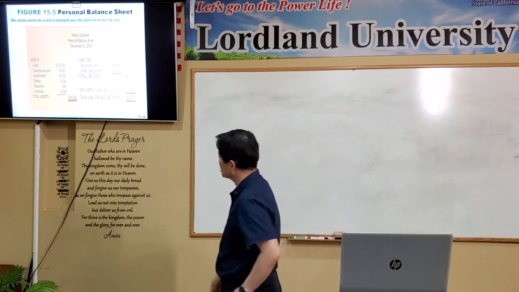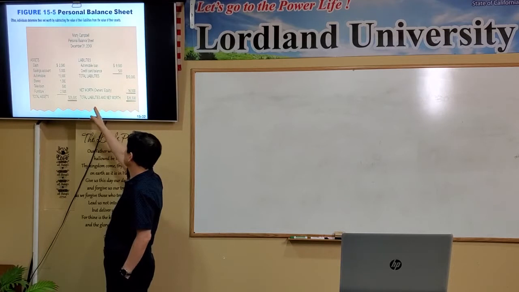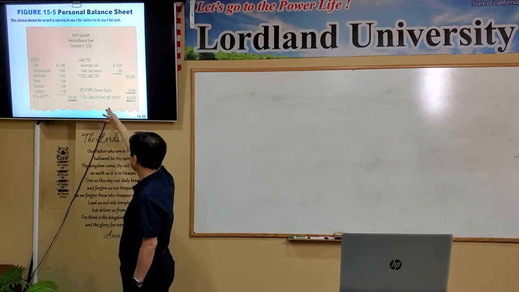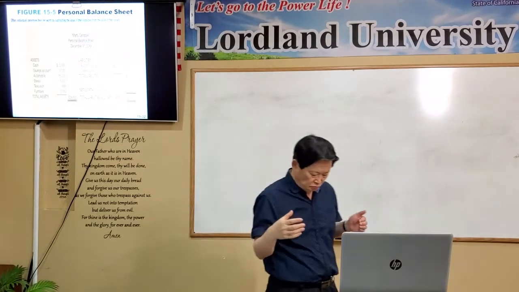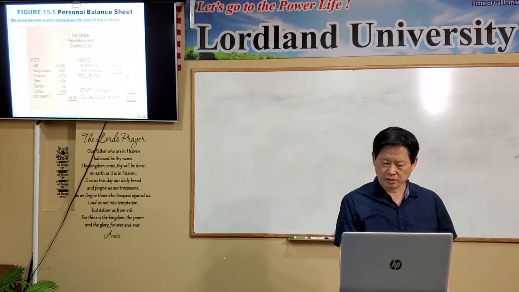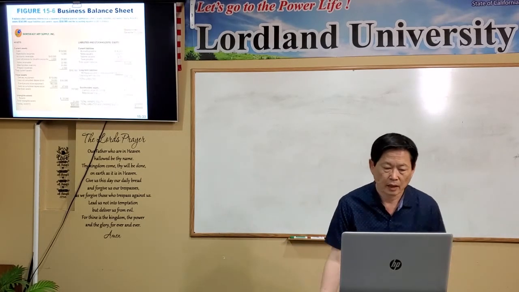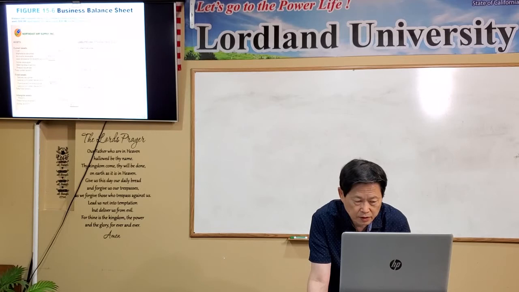Still in balance. Total assets equal the total balance of liabilities and net worth. Okay, same. The accounting equation is still in balance, matching just like a mirror. This figure shows the business balance sheet. The business balance sheet is similar to the personal balance sheet, but with some different terminology.